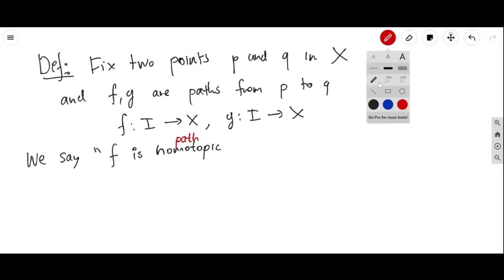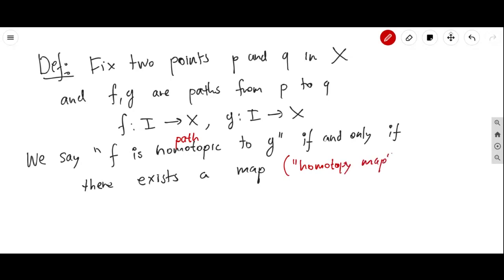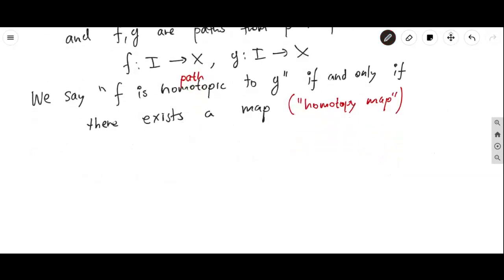So F is path homotopic to G if and only if there exists a map. This is called the homotopy map. The homotopy map is the map that deforms one path into the other path.